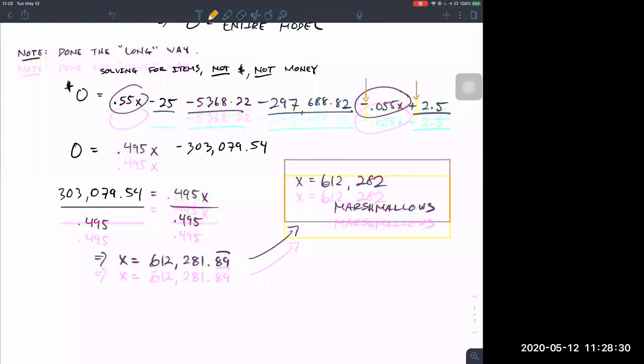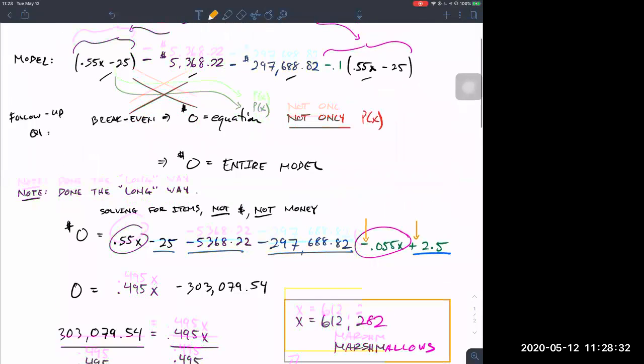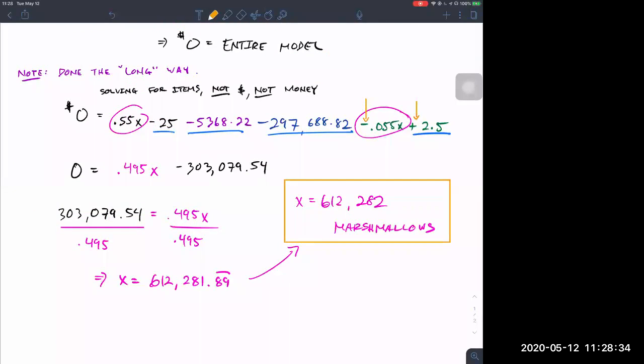And that's why I have that written up here too, with the crossing out and everything. You want to set the entire model equal to 0, not just the profit function, because then you'll be off by a ton of things, right? You're not acknowledging the other expenses that you have to calculate into your standard of living, everyday living.